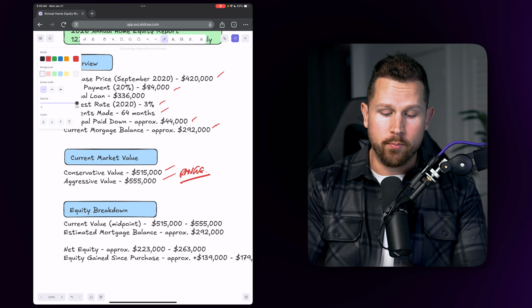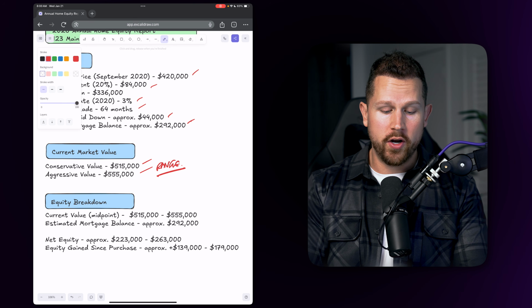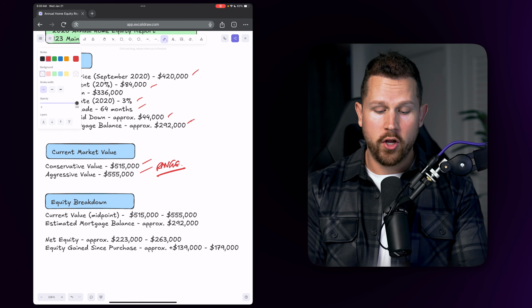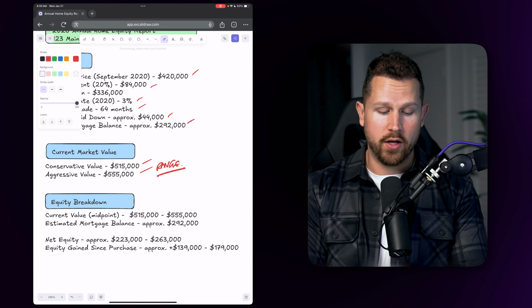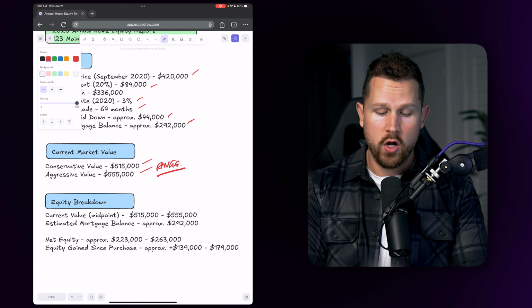So now we have the equity breakdown, right? If we take a look at this, we have the current value, $515,000 to $555,000, with the approximate mortgage balance of $292,000. That means the net equity would be anywhere from $223,000 to $263,000.